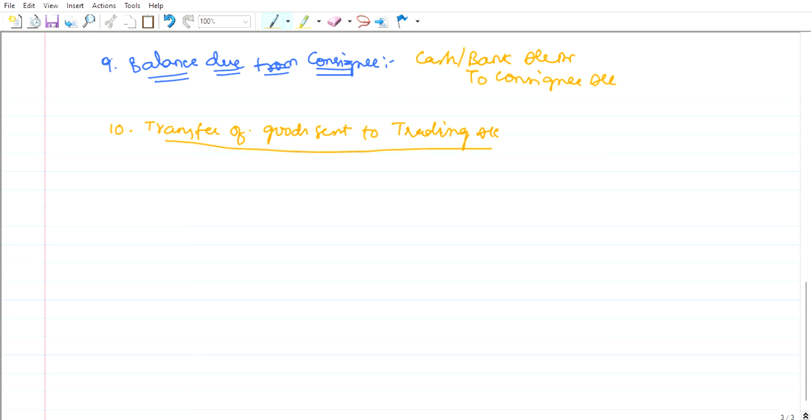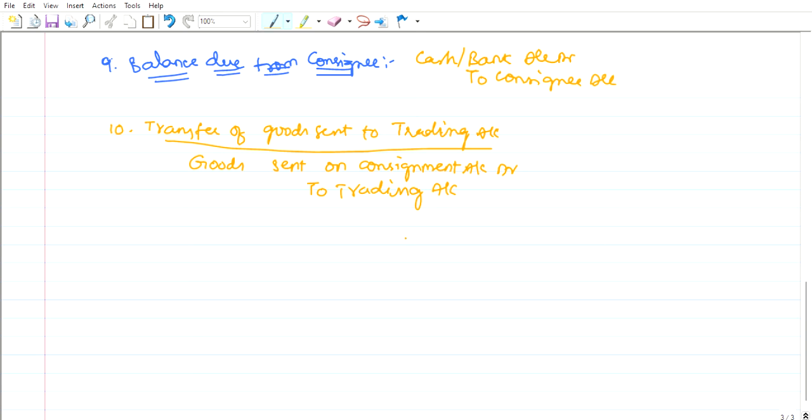For this we have the entry goods sent on consignment account debit to trading account. That means it will appear on the credit side of the trading account.